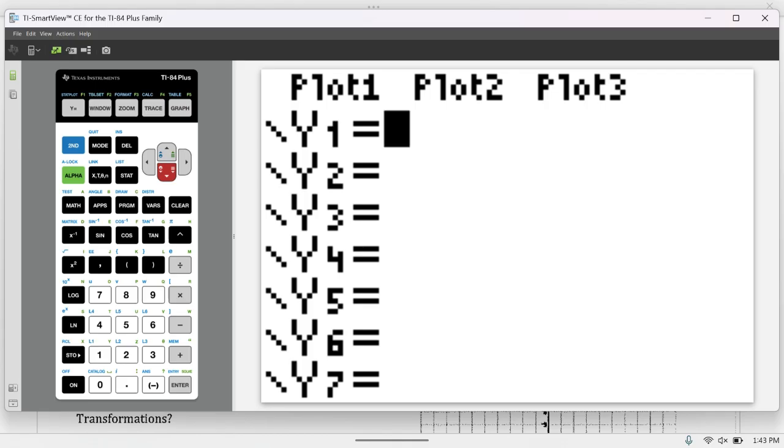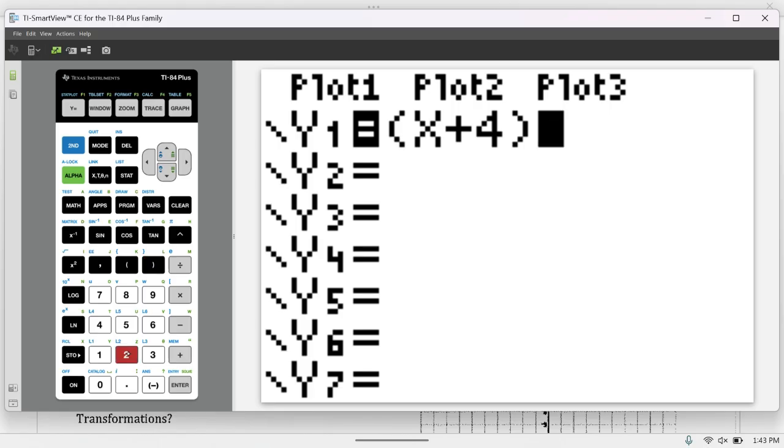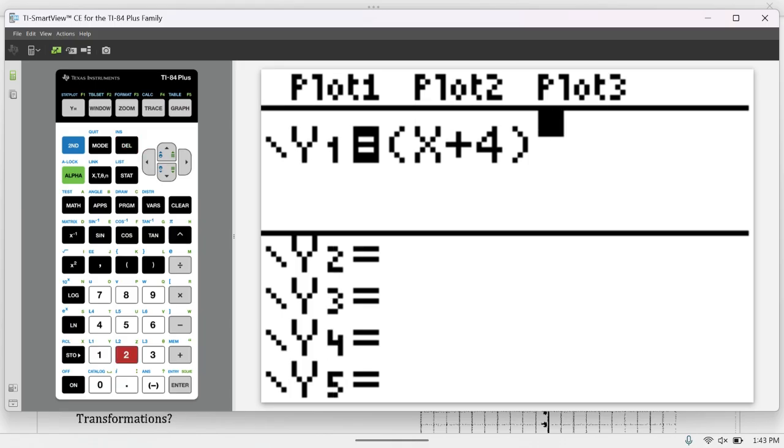Now, I'm going to type in exactly as I see it. I'm going to type in parenthesis x plus 4, square that, and then minus 5.